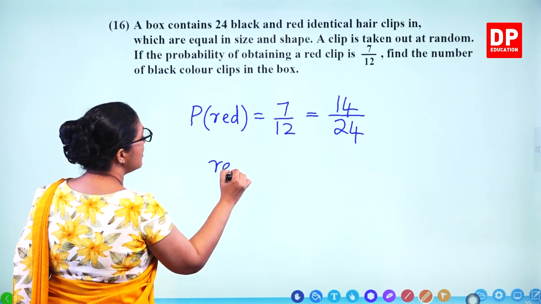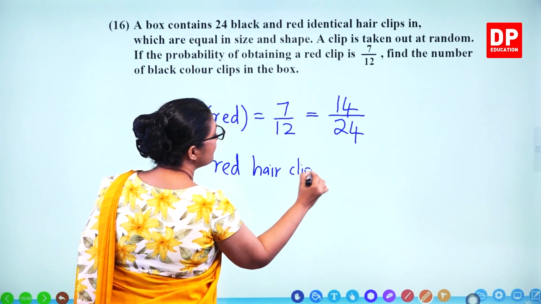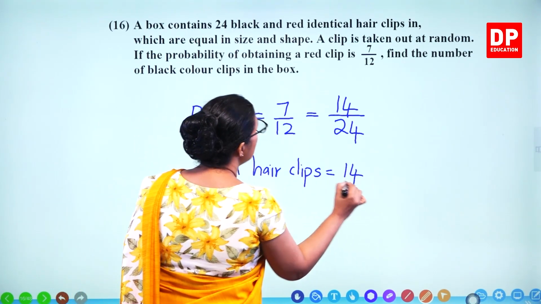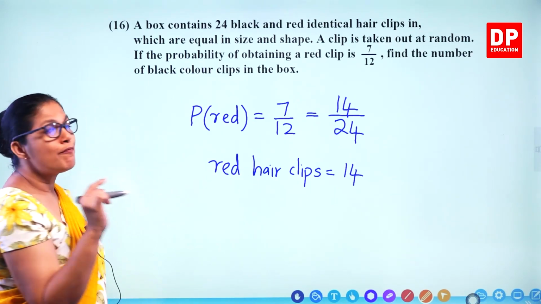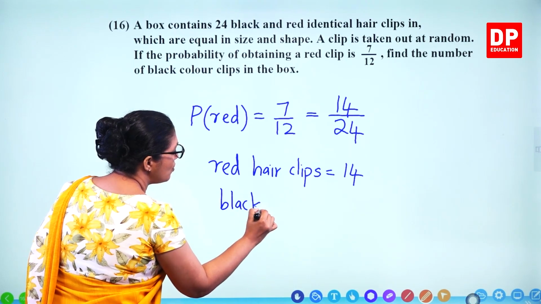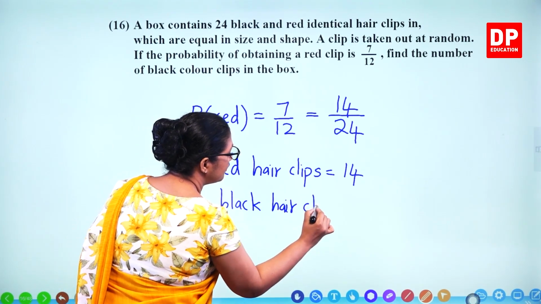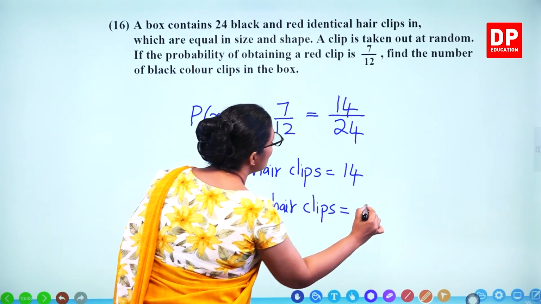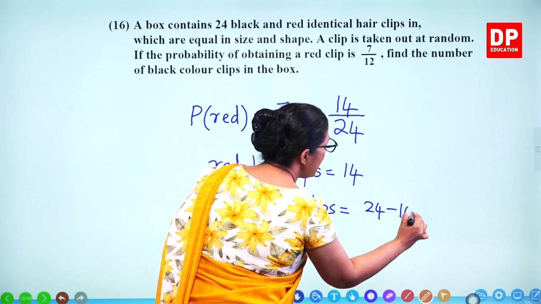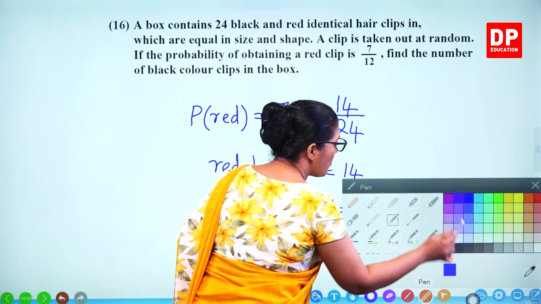So red hair clips is 14. They are asking to find the number of black ones. So black hair clips, you subtract 24 minus 14. That's 10. So 2 marks for that.